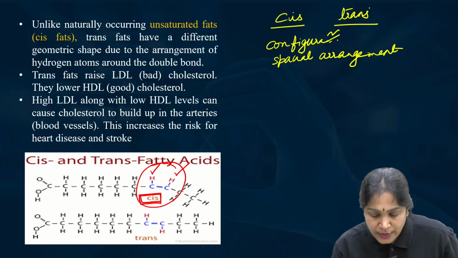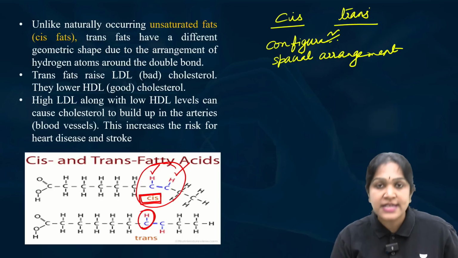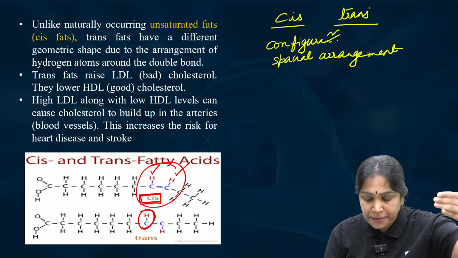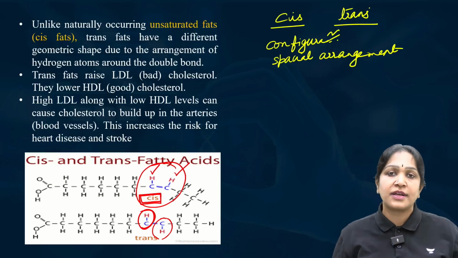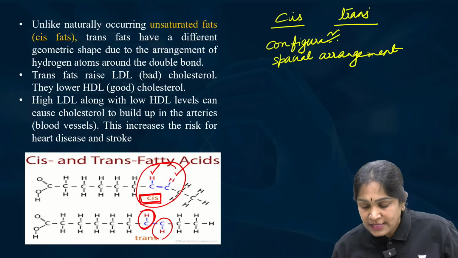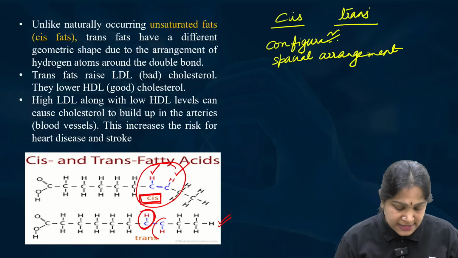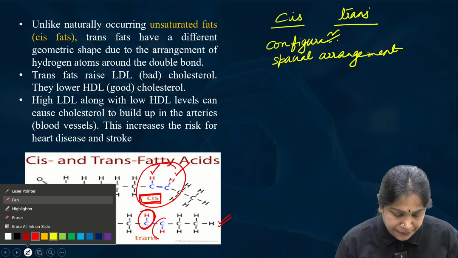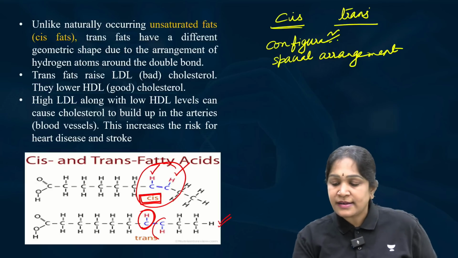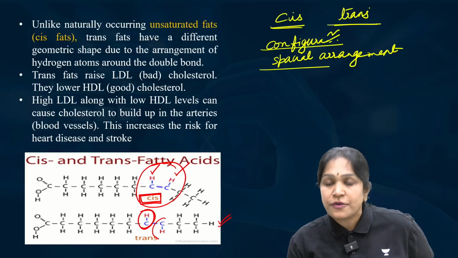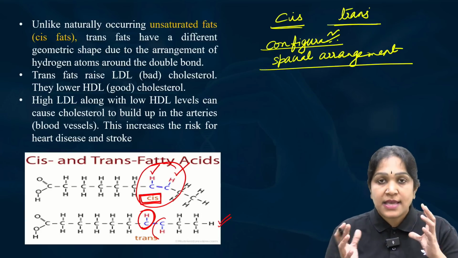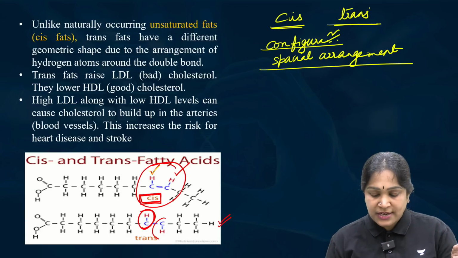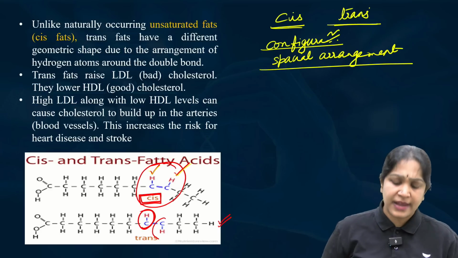If one hydrogen is added on one side of the carbon chain and the other hydrogen is added on the other side of the carbon chain, then we call this kind of fat trans fat. Cis and trans are two types of configurations: spatial arrangement, that is, how the hydrogen atoms are arranged in space.